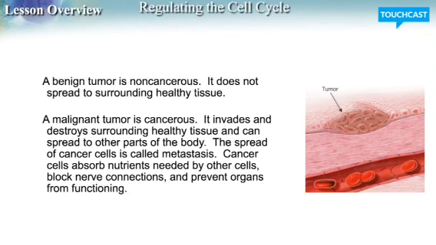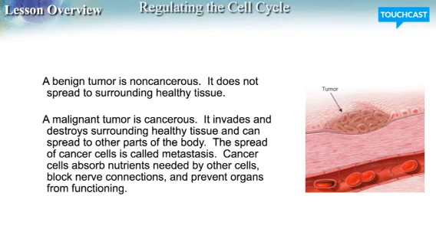But a malignant tumor is the cancer one. This tumor or these cells do not stay in one place. They go to other cells. They go to nearby cells. And then what they do is that they take the nutrients from the other cells. They affect the nerve connections of these cells, and then they prevent organs from functioning.